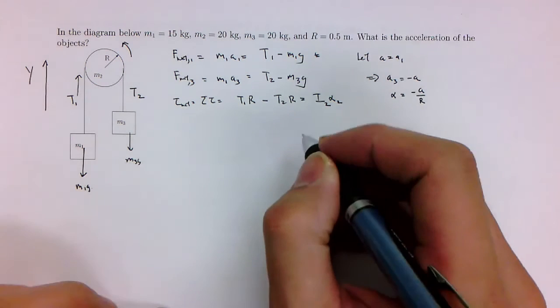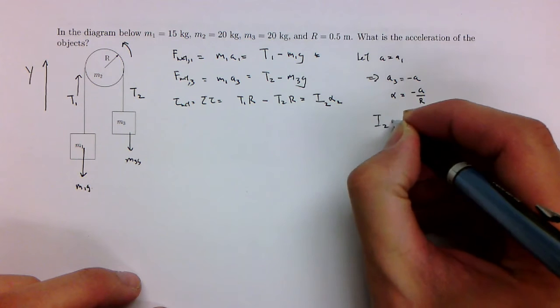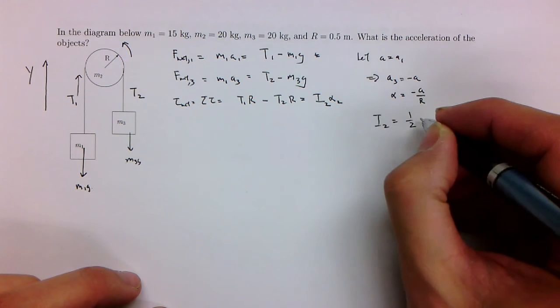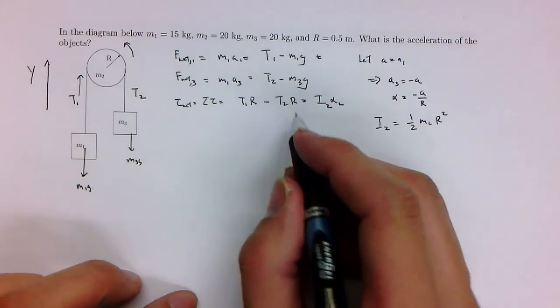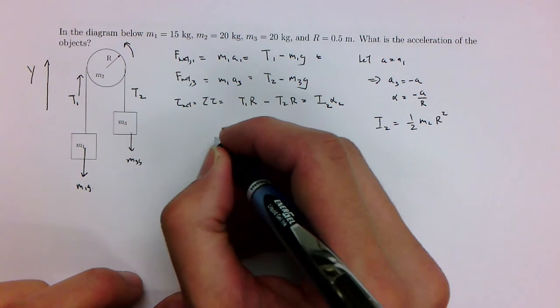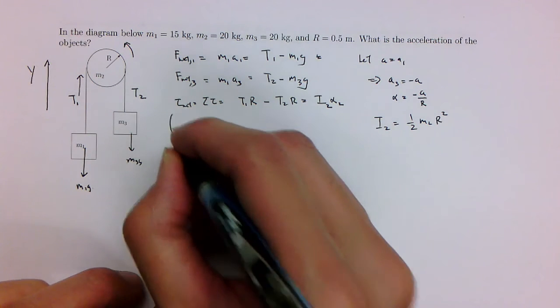So what is I2? I2 is a solid disk, so this is simply 1/2 M2 R squared. Let's plug everything in for the net torque.